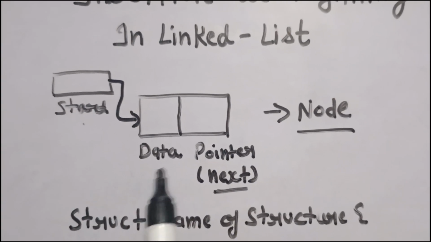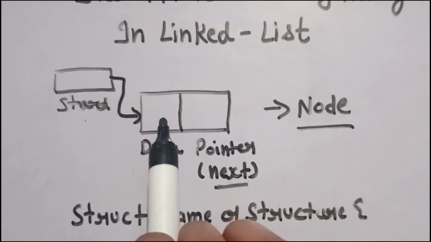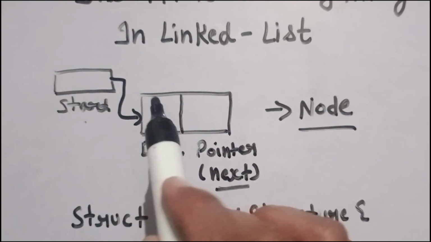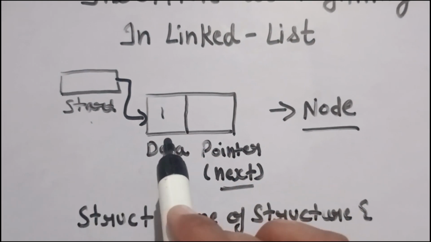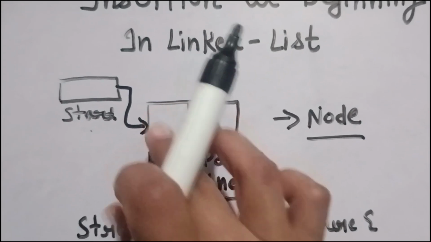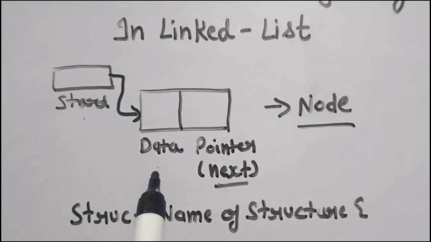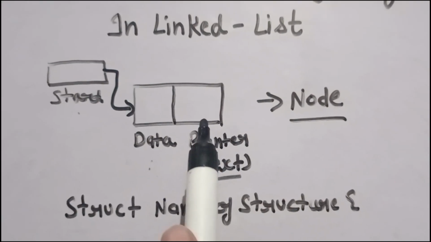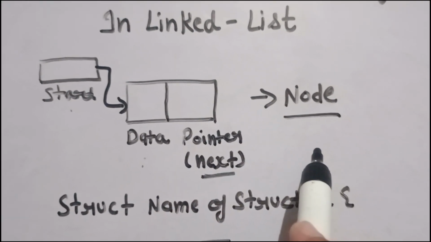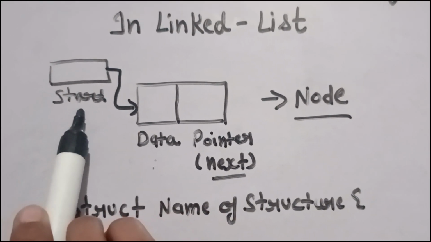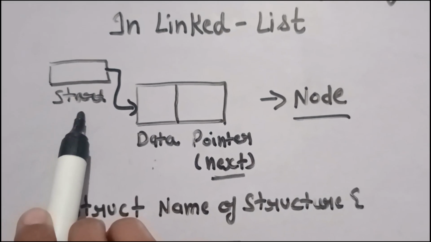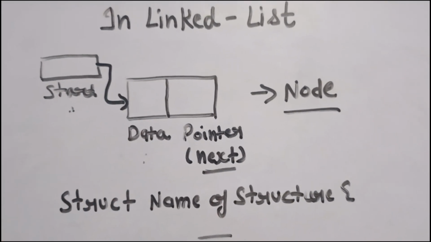In data we can store any kind of data, like an integer value such as 1, or a character value like a name, any type of data according to your requirement. In the pointer we store the address of the next node, and this start pointer is going to store the address of the first node.